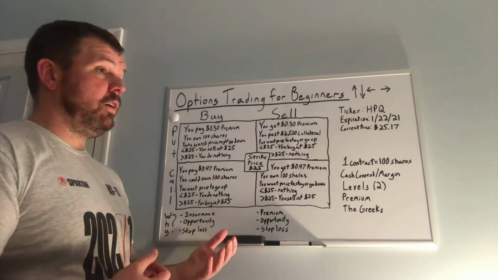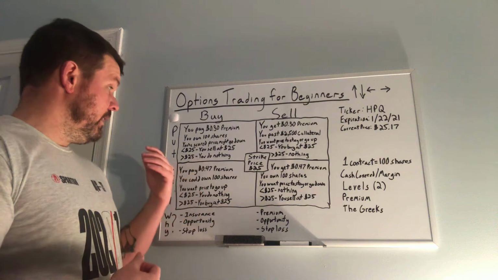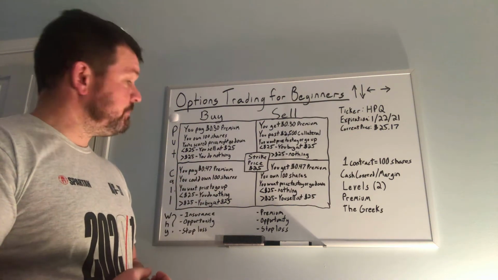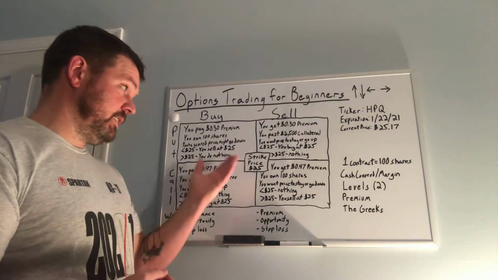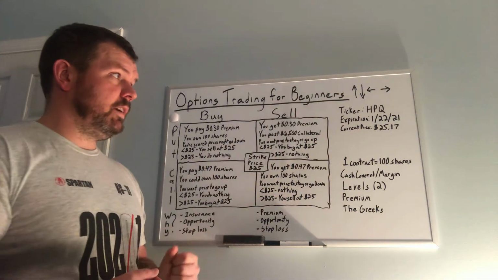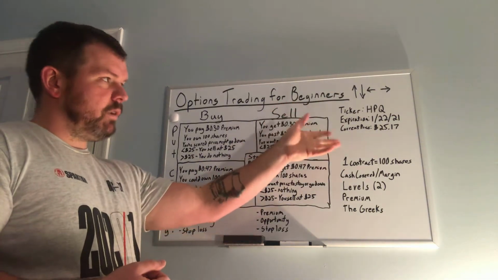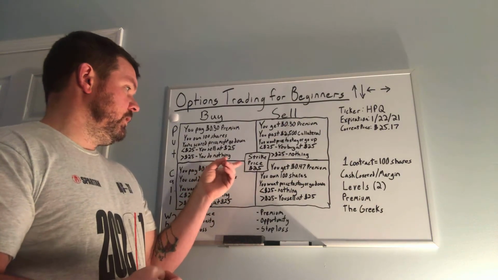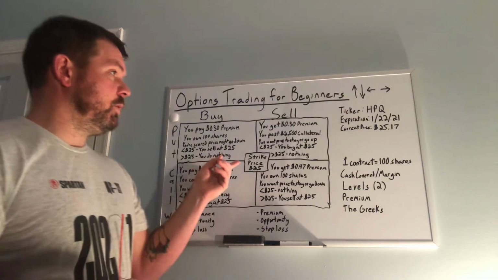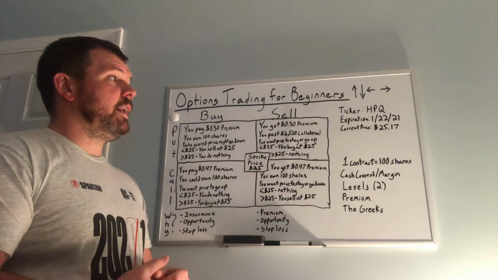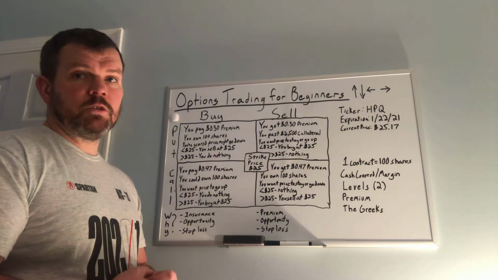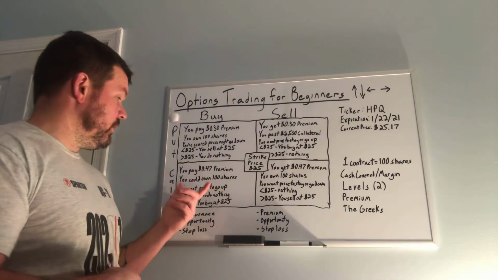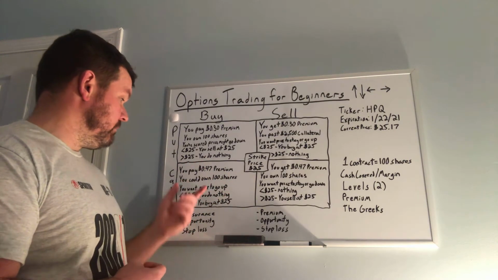So again, buying a call, you're bullish. You're paying premium for the opportunity to buy a stock at a certain price. In this example, again, the current price is $25.17. So you're doing a strike price of $25. So if on Friday it's above $25, you as the buyer of the call, you're likely going to buy it.